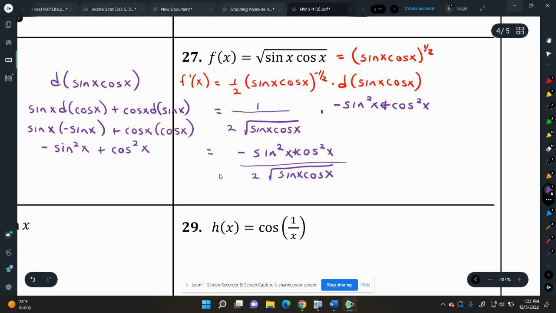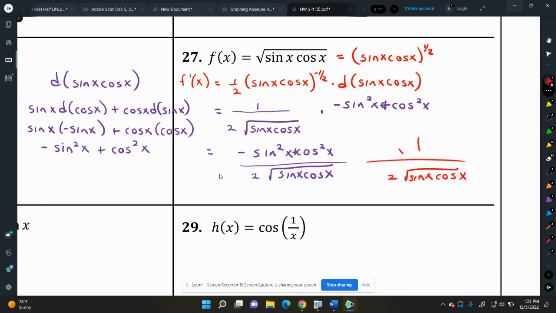And we're done. Now, here's my question. What if this was a positive sine squared x plus cosine squared x? That equals 1, right? So if that's a positive, then you should be changing it to 1 over 2 square root of sine x cosine x.